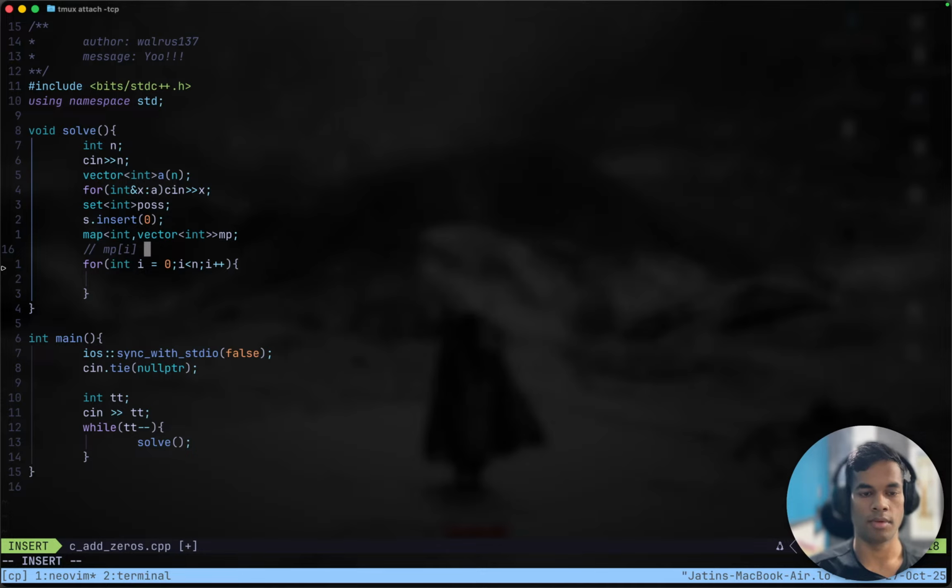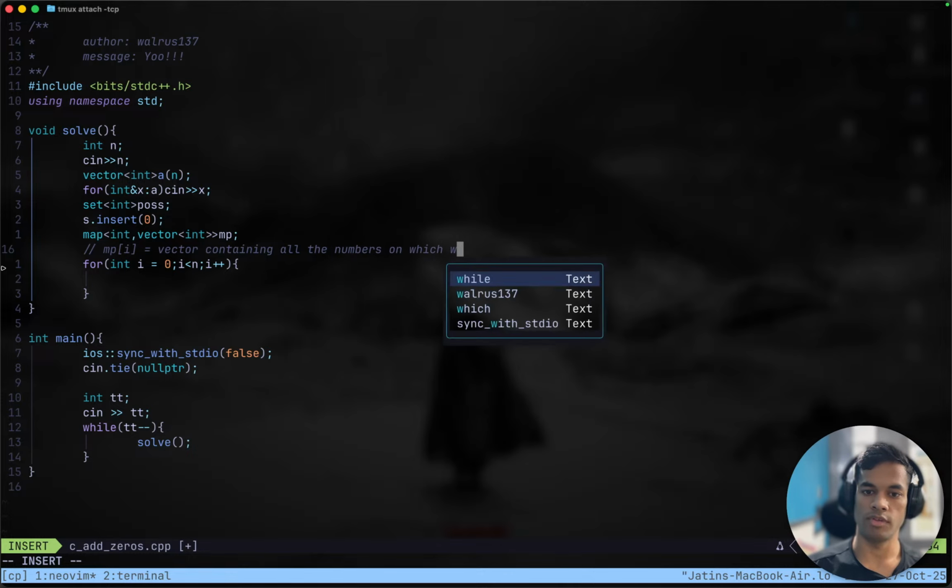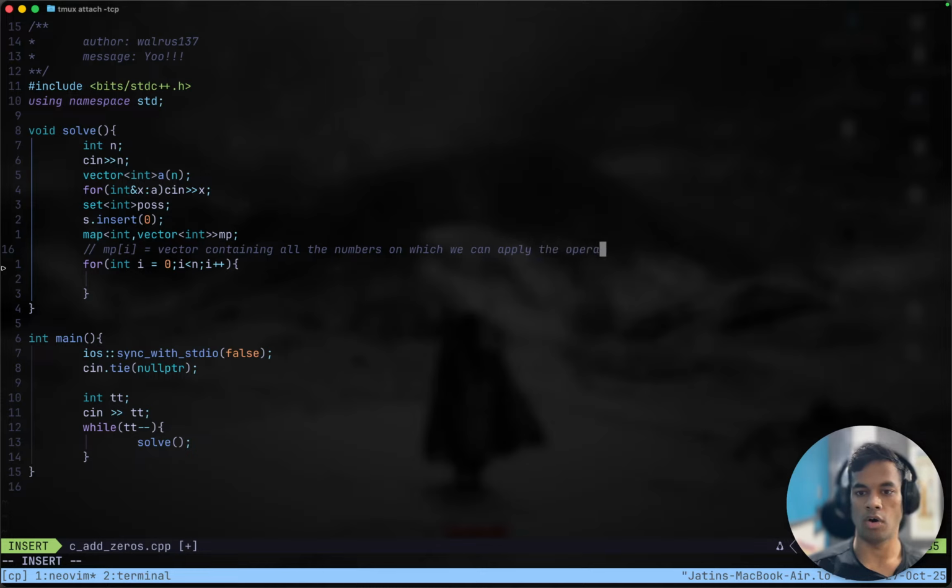MP[I] is a vector containing all the numbers on which we can apply the operation if we have I extra elements on the right.